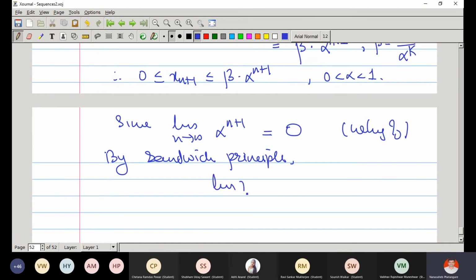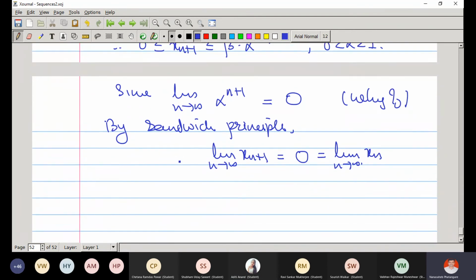what is the limit of xn plus 1? 0. Can we say that the limit of xn is 0? Yes, sir. Because n plus 1 and n, one step ahead, the destiny is the same, the limit is the same, right?